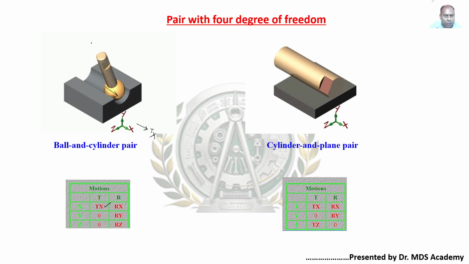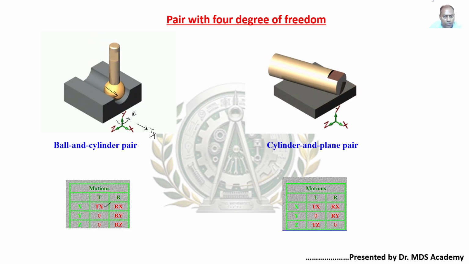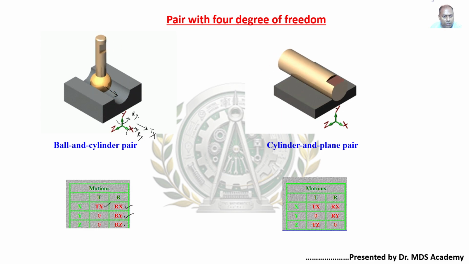It is rotating about y also, that's why Ry is present. Is it rotating about x also? Yes, it is rotating about the x also. And is it rotating about the z?